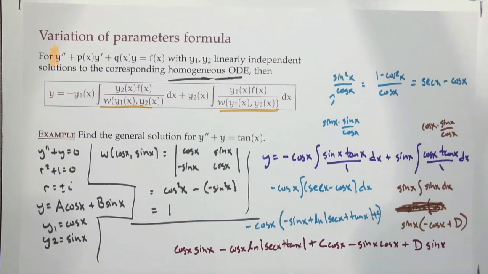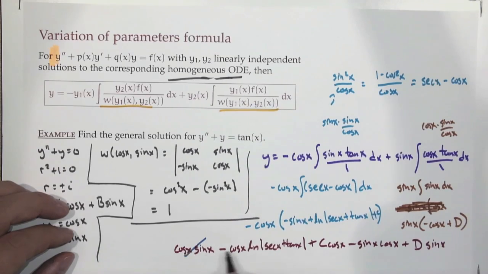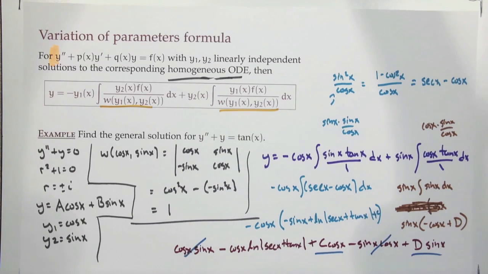Sine x cosine x does what? They cancel. Okay. What about these? What are those? One. This is c cosine x plus d sine x.